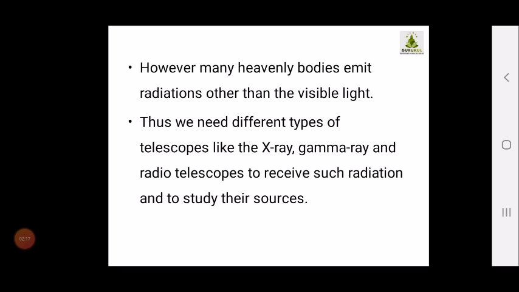However, many heavenly bodies emit radiations other than visible light. Thus, we need different types of telescopes like X-ray, gamma ray and radio telescopes to receive such radiation and study their sources. In this chapter, we are going to study telescopes and how they are used to watch the atmosphere.